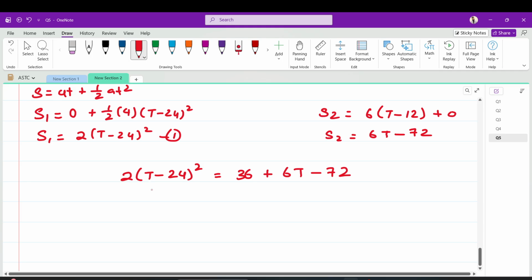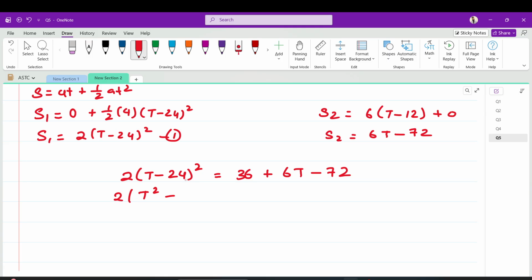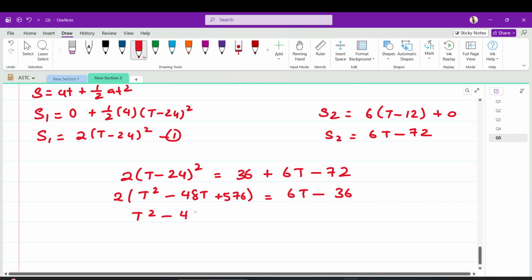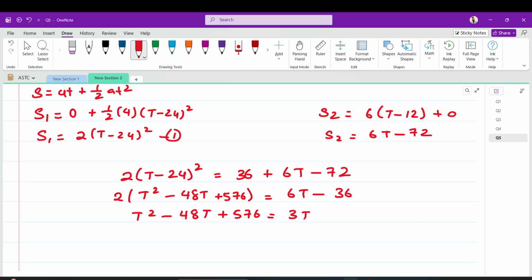Now I'm going to expand this. This will be t squared minus 48t plus 576 equals 36 minus 72, so that will be 6t minus 36. I can divide by 2 on both sides. So t squared minus 48t plus 576 equals 3t minus 18.